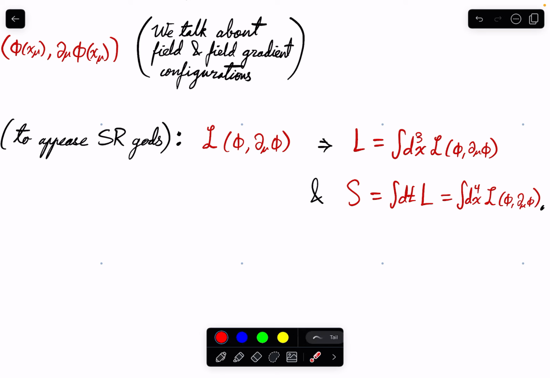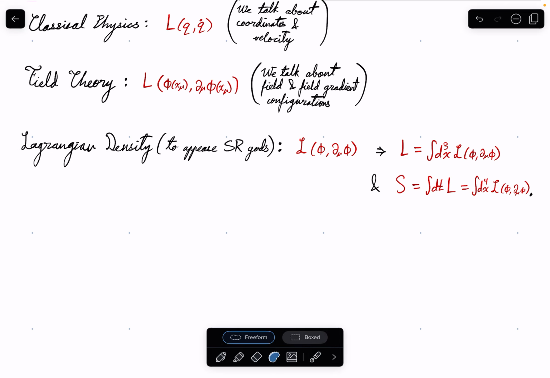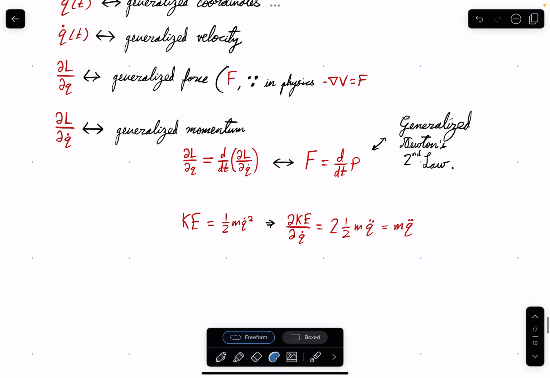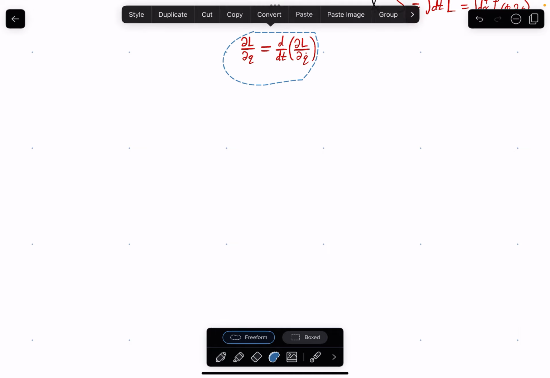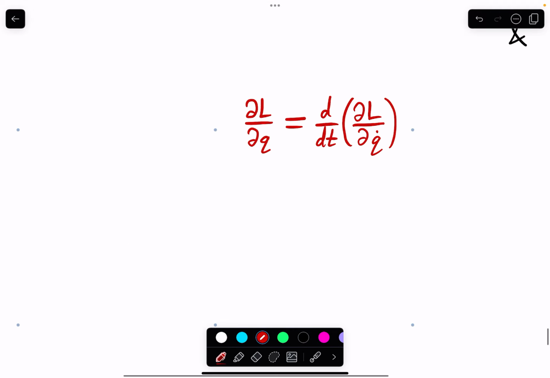And you might be wondering, so what is the Euler-Lagrange equation? Well, you can see that even though now you're dealing with an integral over spacetime, the equation looks remarkably similar to this one. So you can actually quite literally take the Euler-Lagrange equation and replace normal L with squiggly L, and q with phi, and q dot with the gradient of phi.